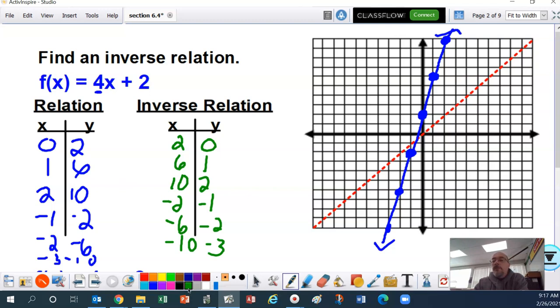So (2, 0), and then (6, 1), and then (10, 2). Okay, now the other way.